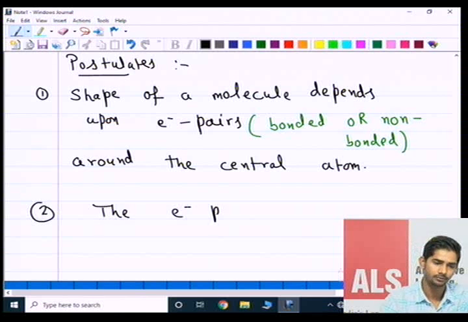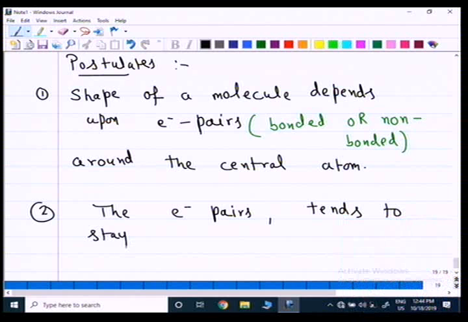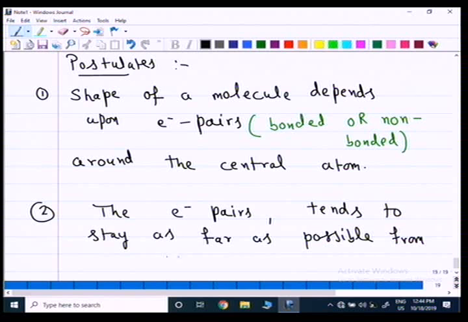The electron pairs tend to stay as far as possible from each other to minimize the repulsion.